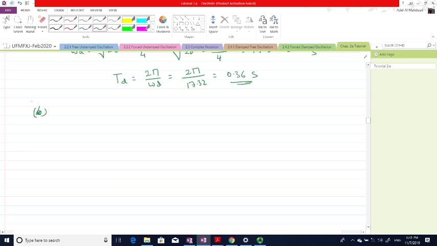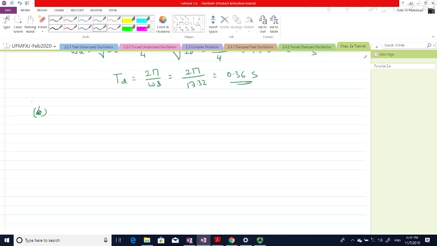The formula for the damped forced oscillation is equation number 2.35, page number 30.